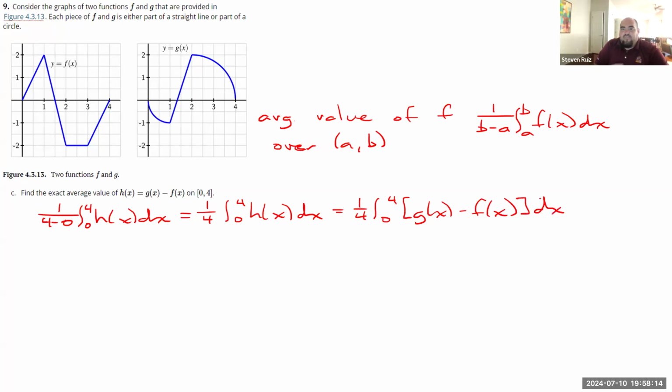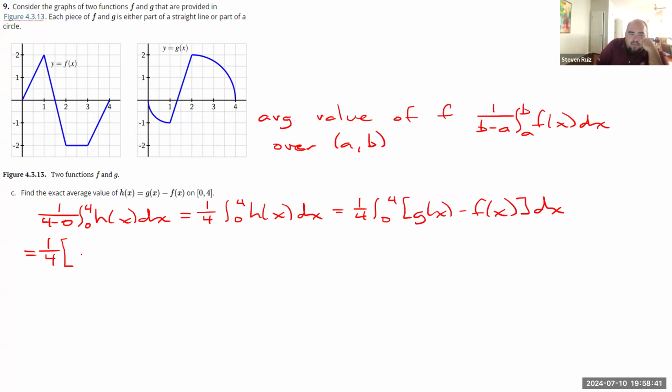dx. But a property we've used a couple of times now is that we can split up these integrals. So basically, with sums and differences, we can kind of treat these one at a time. So let's factor out the 1/4, because that's another property we have. We can treat constant multiples, moving them around inside and outside the integral.